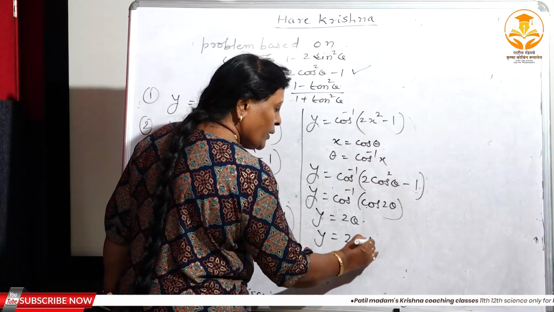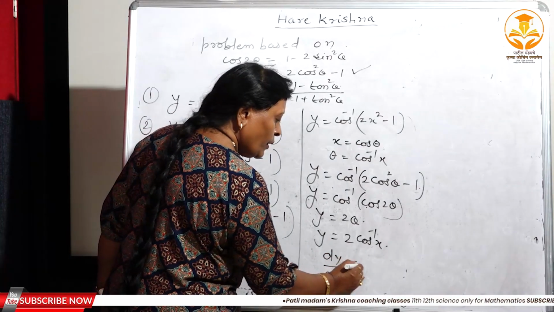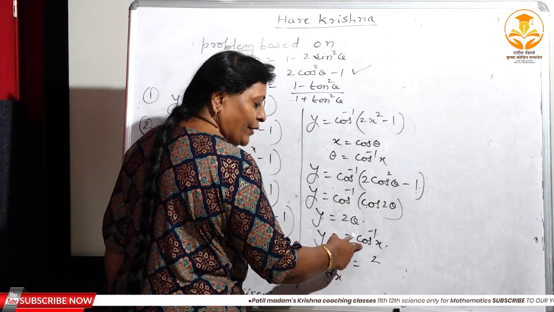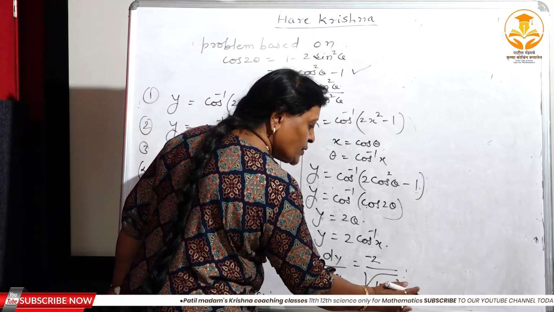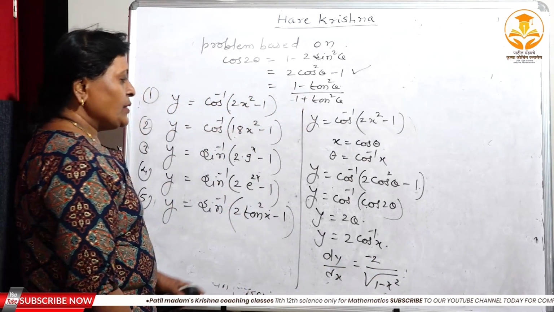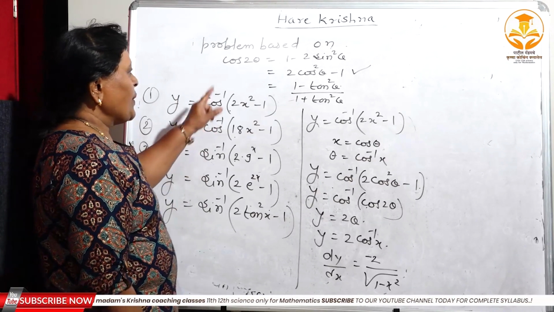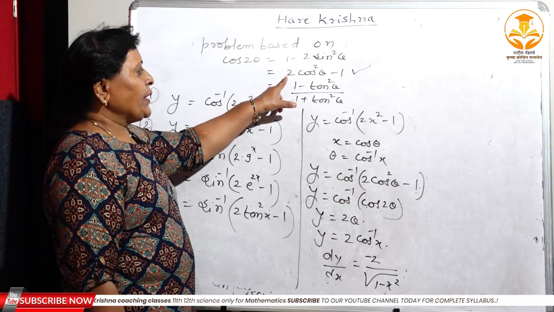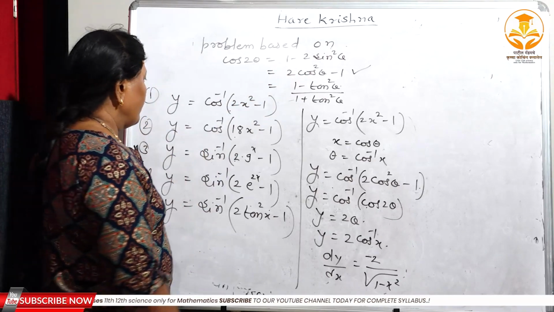Theta means cos inverse of x. dy by dx, 2 remains as it is. The derivative of cos inverse x is minus 1 upon root of 1 minus x square. Right? So this is about the first problem, which depends upon the formula cos 2 theta is equal to 2 cos square theta minus 1.